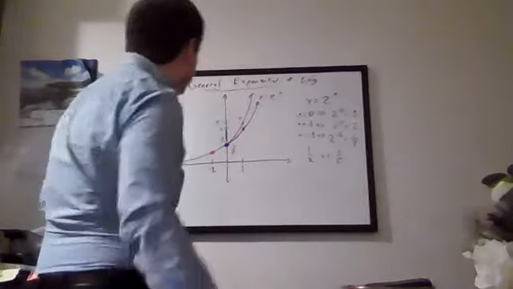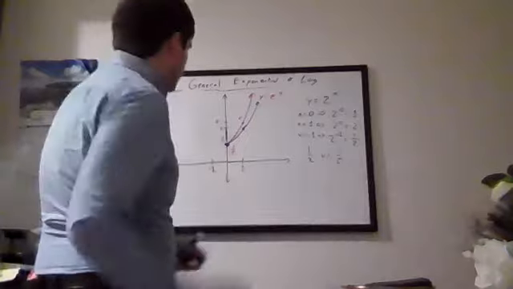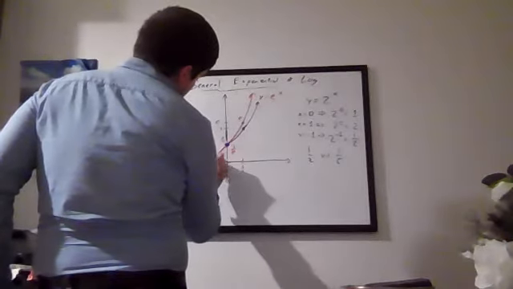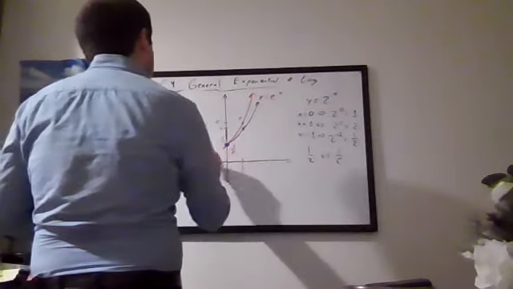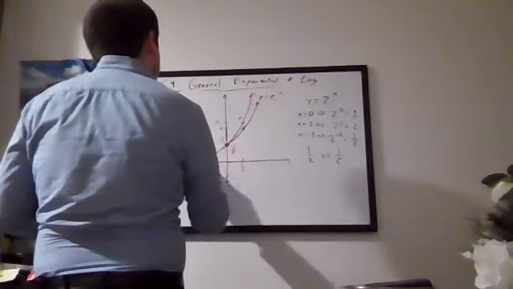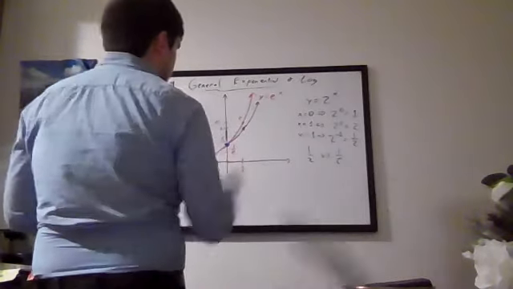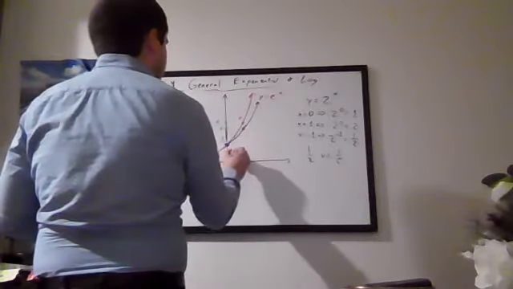I'm going to fix my picture just to make sure everything looks as it should. Okay, the fix is just I'm going to move this point down a little bit.